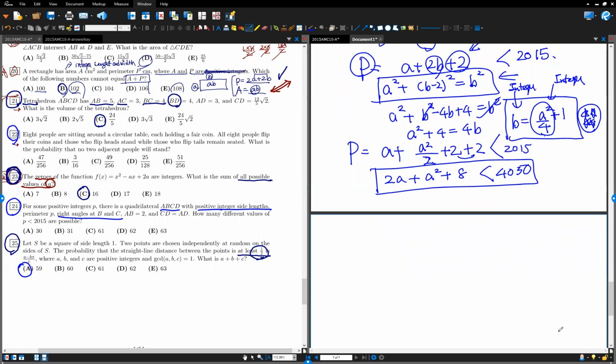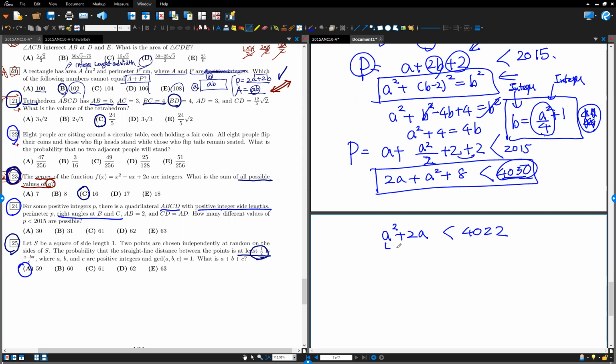I'm going to give a different way. When you have a big number to factor, sometimes it can be factored, sometimes not. When you have a big number, we have to use a shortcut. This is a squared plus 2a is less than 4,022.